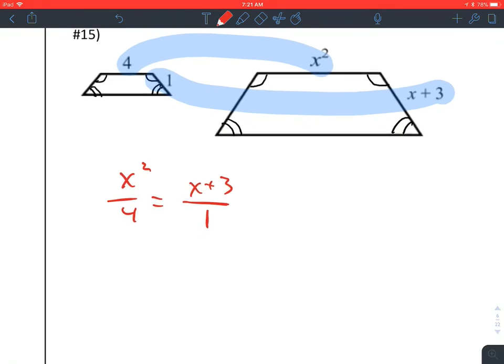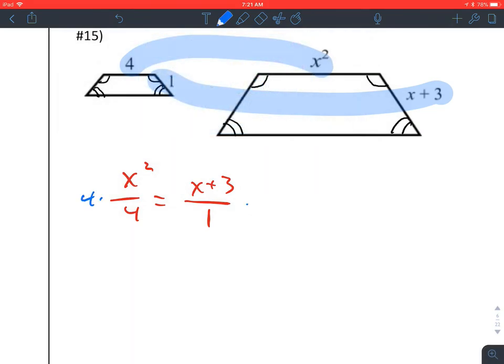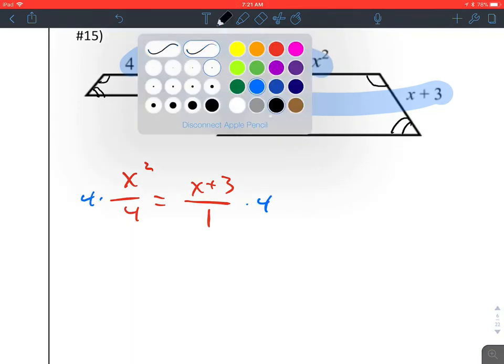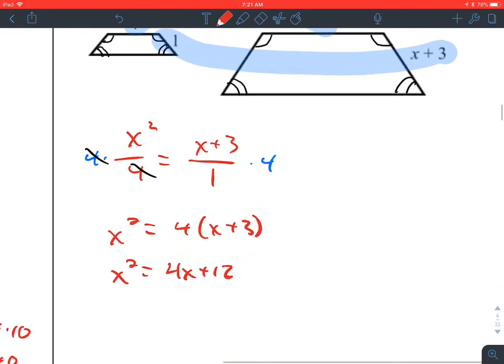I'm going to multiply both sides by 4. On the left, the 4's cancel. So I end up with x squared equals 4 times the sum of x and 3. If I distribute that, I get 4x plus 12.